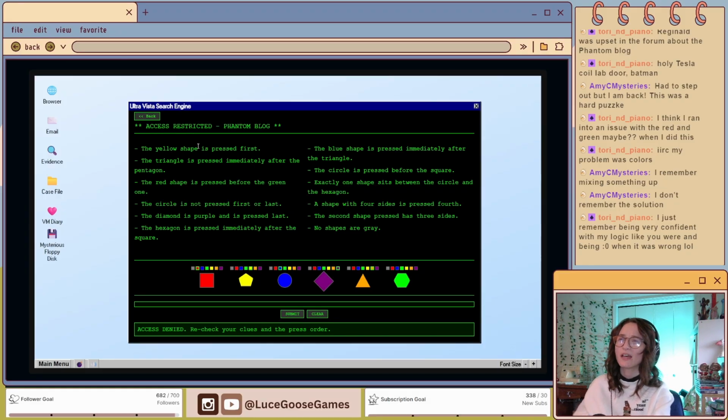Is it possible that... Well, no, it's not possible for the... This is dumb. What do you mean I have the wrong answer? The circle is pressed before the square. It comes immediately after the triangle because it's blue.